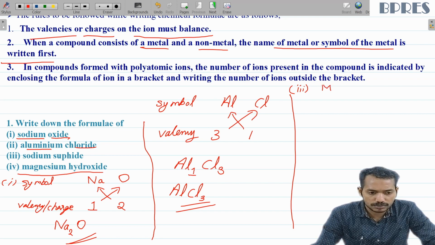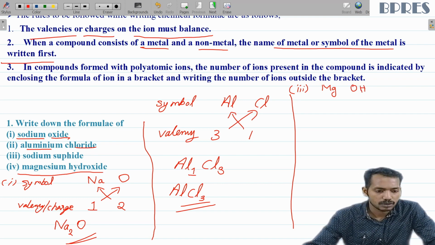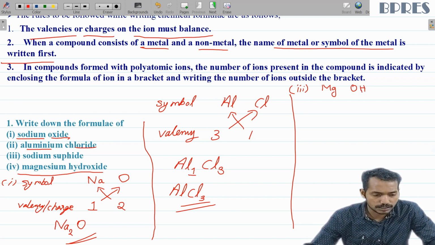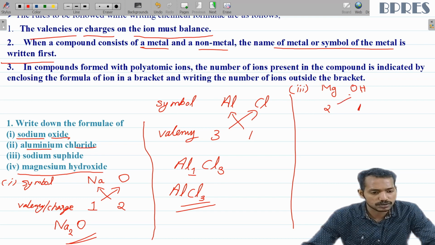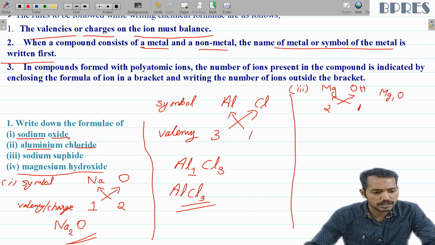Symbol of magnesium is Mg and hydroxide is OH. What is the charge of magnesium? The charge of magnesium is 2, or valency is 2, and OH is -1, that is 1. Just cross this one. What do we get here? Mg1 OH2.